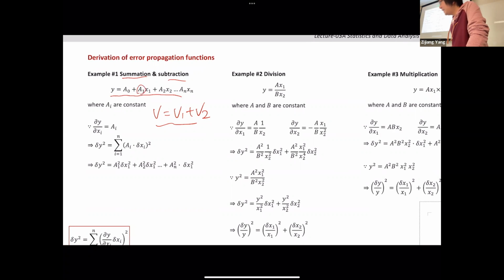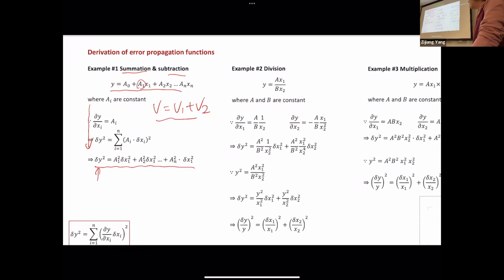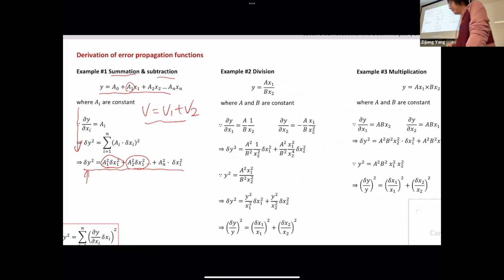If A1 is negative, then it is a subtraction. Again, I'm not going to show the whole process, but finally, we have this result. So this means delta y, the error of the sum, squared equals the sum of the squares of each part.